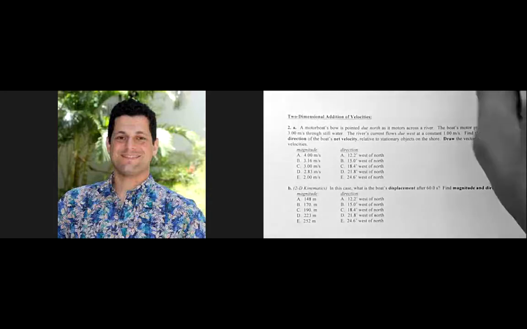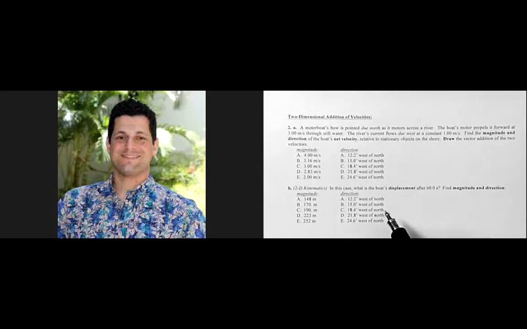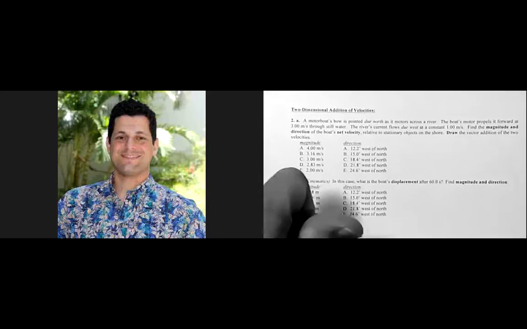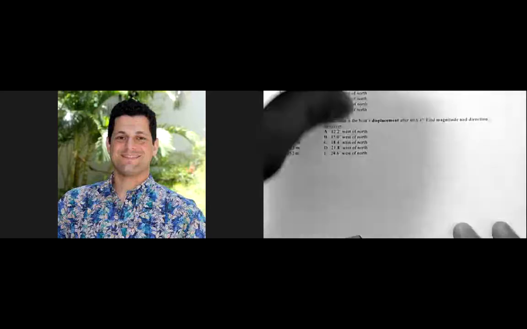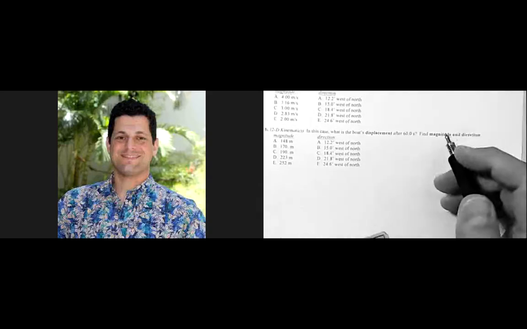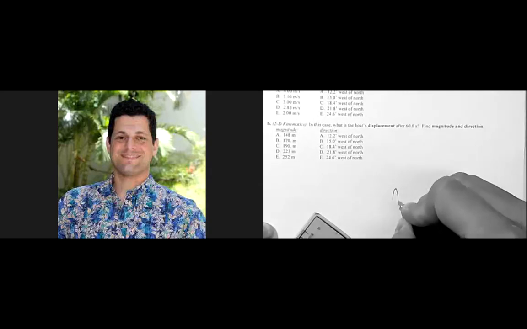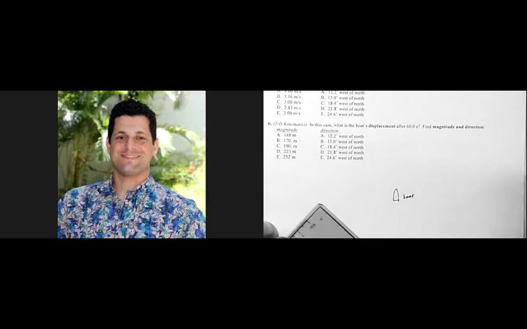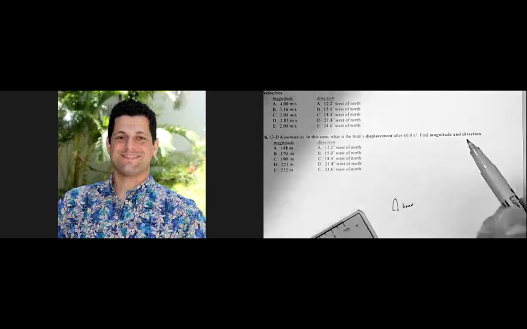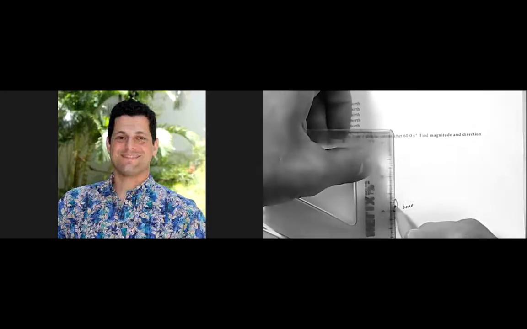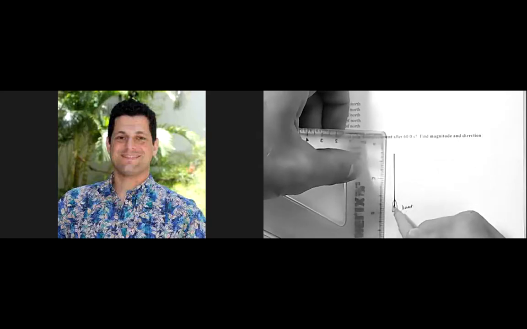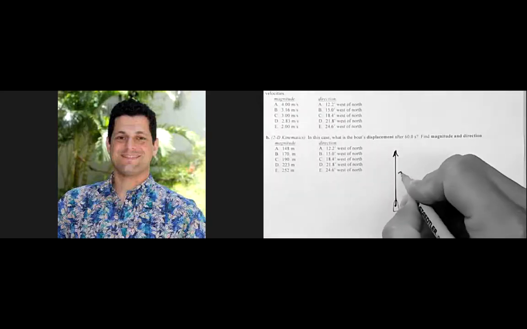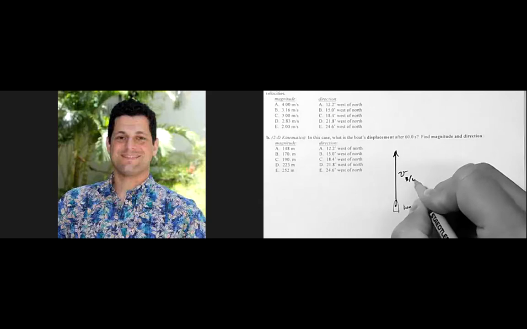So what we have here, if I just sketch out what these two vectors look like, and by the way, we're going to skip part B for now. Okay, so if I just sketch out what these two vectors look like, we have a boat whose bow is pointed due north. And if you put it into still water, then this is the velocity of the boat with respect to the water.